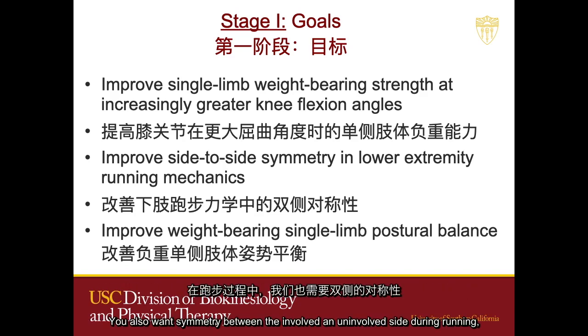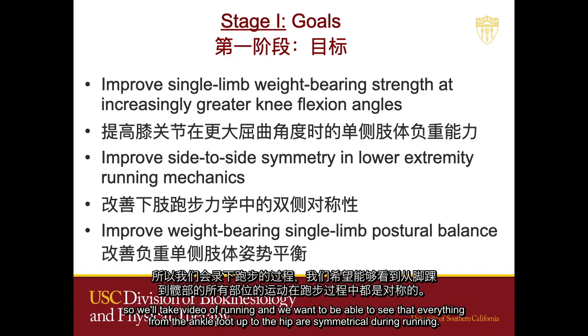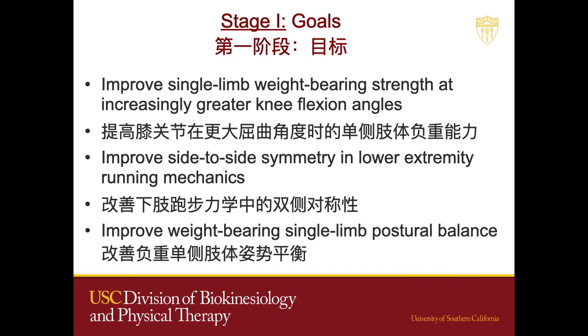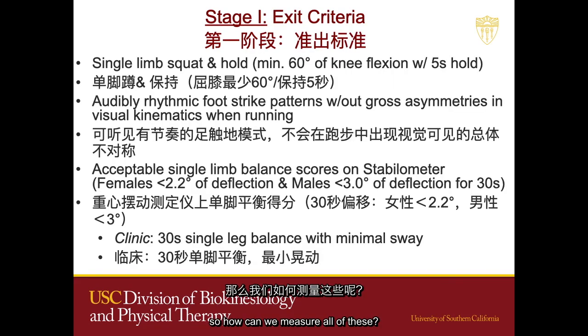You also want symmetry between the involved and uninvolved side during running. We'll take video of running, and we want to see that everything from the ankle and foot up to the hip is symmetrical during running. We also want really good balance.